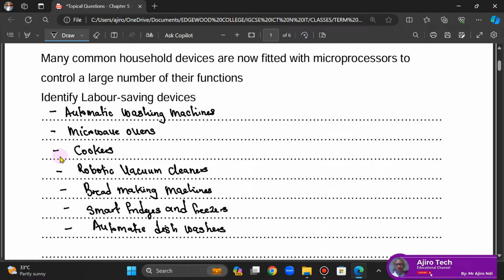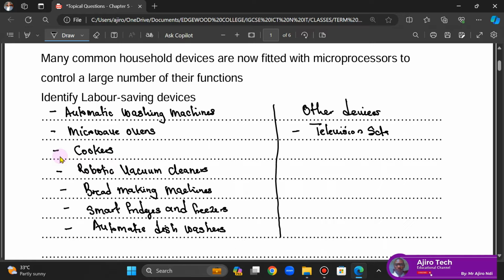Though it's not part of the question, we also have other devices that would help you, just in case you've been asked to identify those other devices.